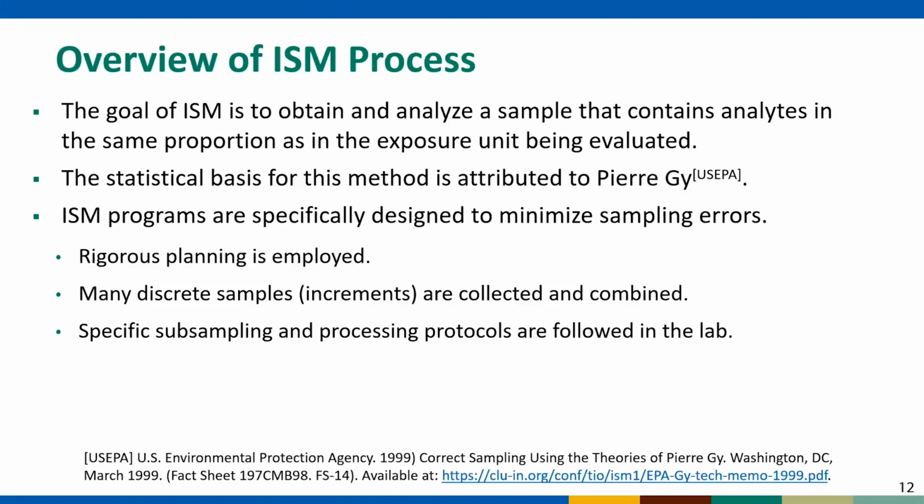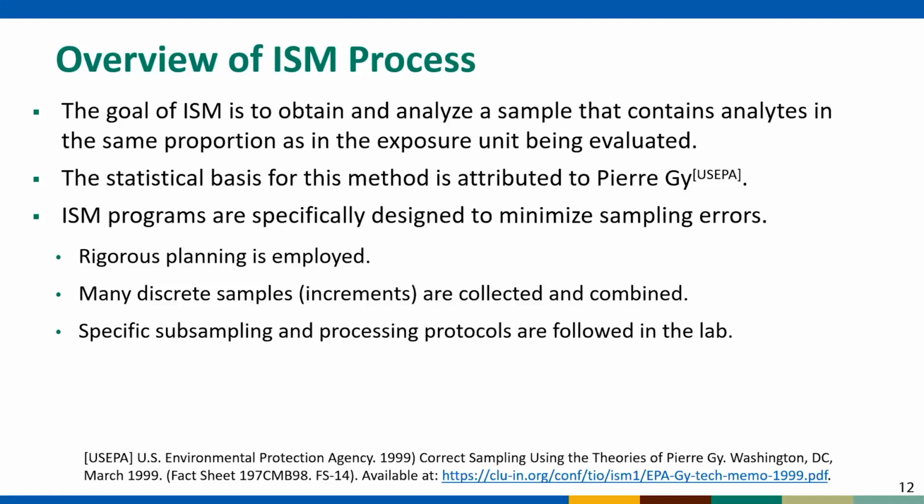Rigorous planning is used to ensure that ISM samples yield unbiased estimates of average concentrations across an area of interest, often referred to as a decision unit. As a note for ISM sampling, a decision unit is the term used for the smallest volume of soil for which a decision will be made, which may or may not line up with an exposure unit in a PHA.